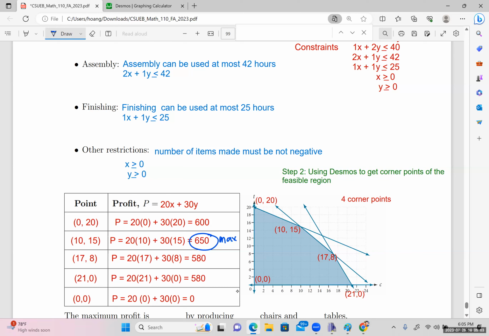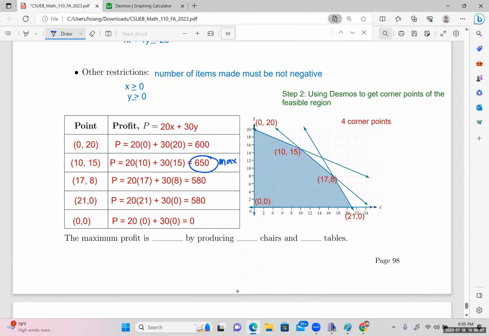Okay. So according to that, I can say that the maximum profit is 650, by producing 10 chairs and 15 tables.